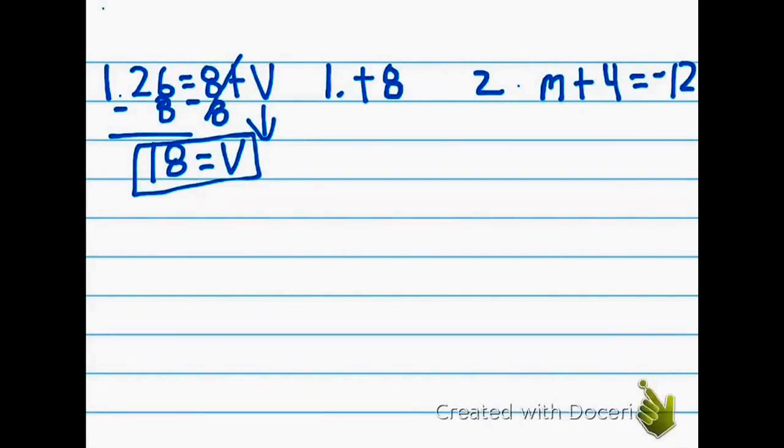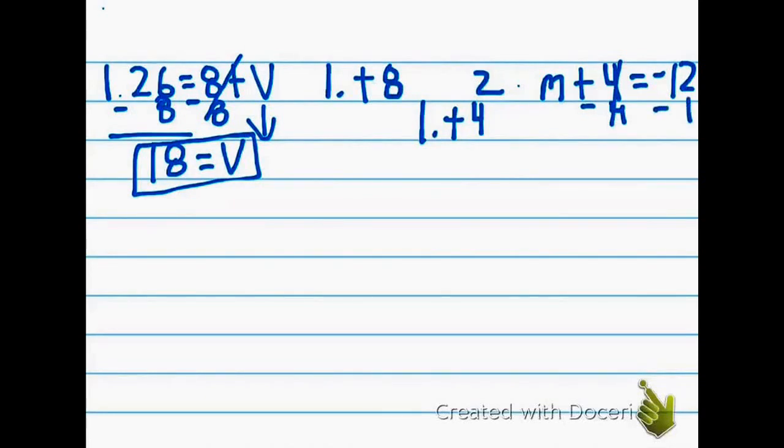For number 2, we're going to write out the steps once again. So the first thing that happens to my m is that it was added by 4. So instead of adding by 4, we have to subtract by 4. So that cancels out.